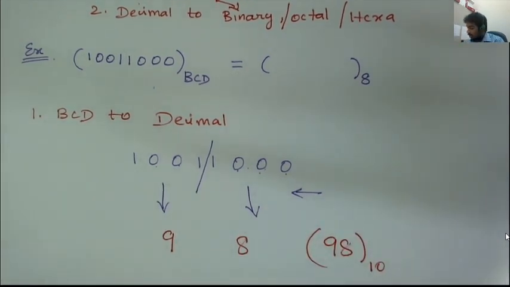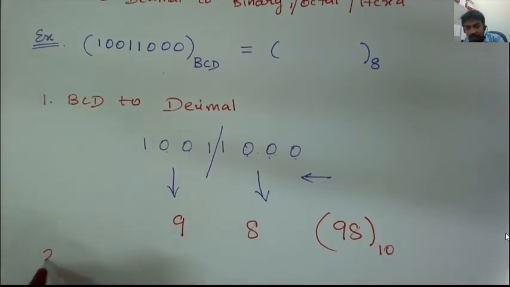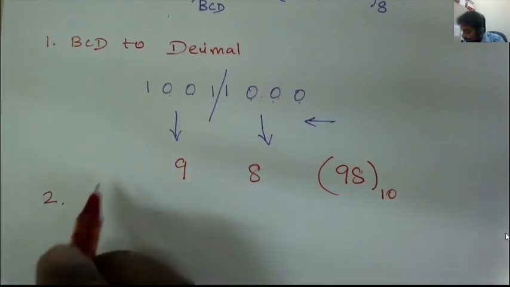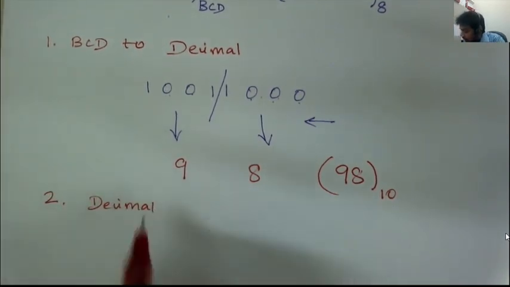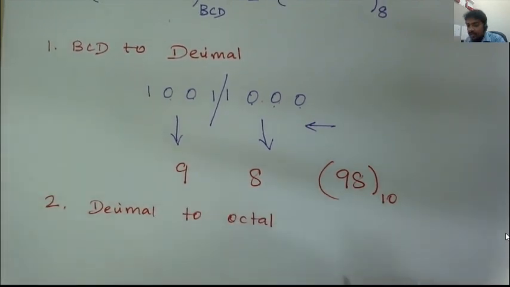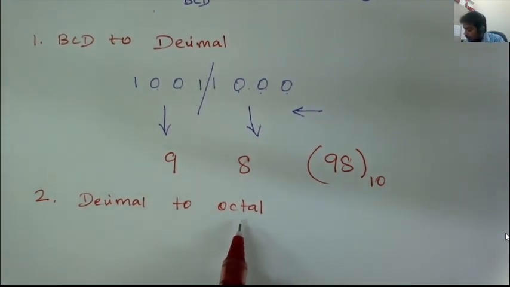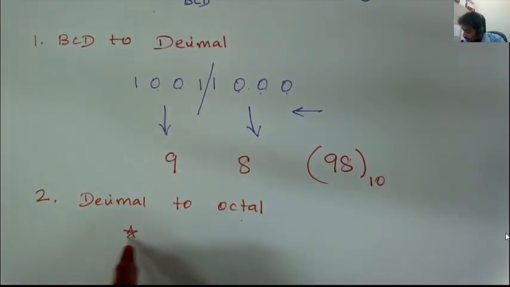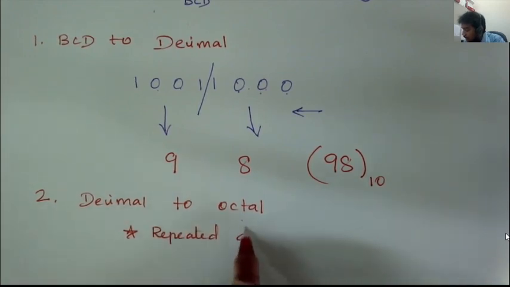Okay. So what is the second step for this conversion? The second step will be this decimal number to octal. For decimal to octal, you know the procedure, that is repeated division by 8.